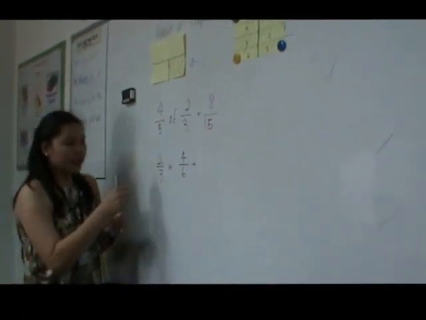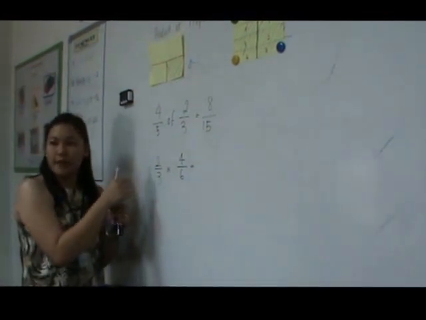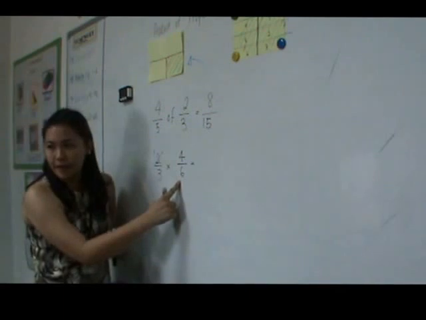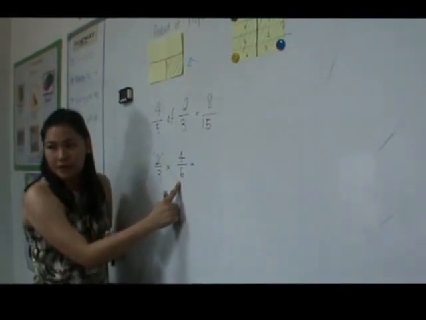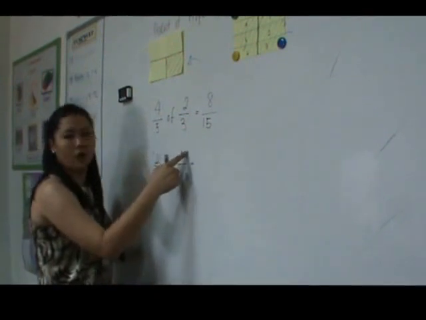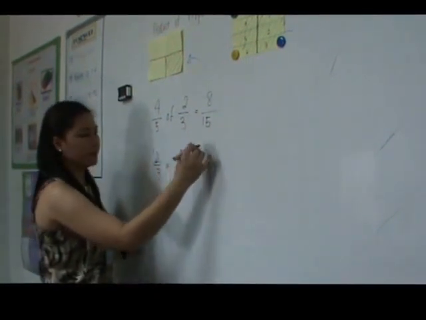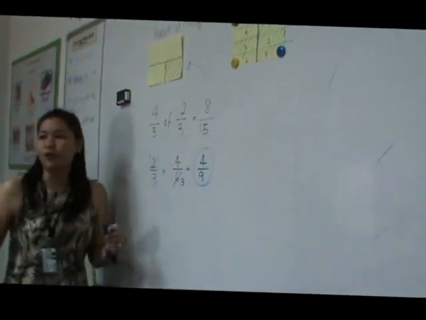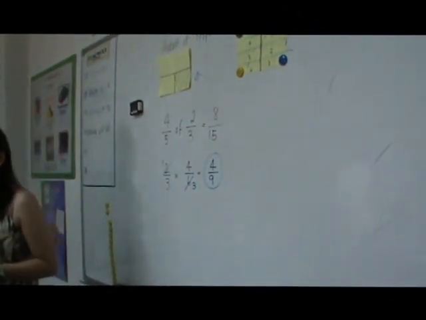So using 2, 2 divided by 2 is 1, and 6 divided by 2 is 3. 1 times 4, and 3 times 3, so 4 over 9. You don't need to do it in simplest form.